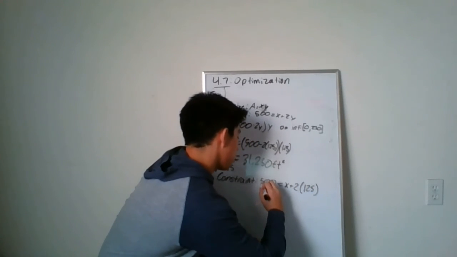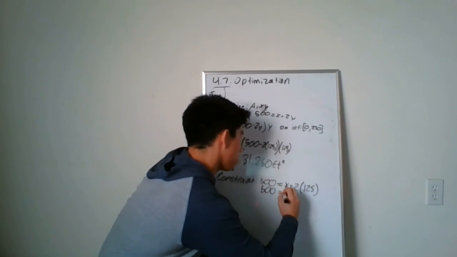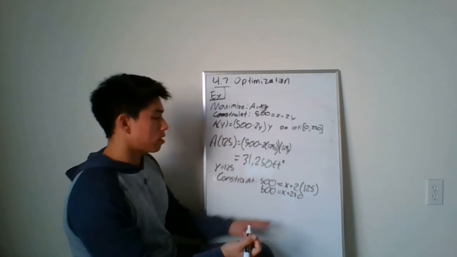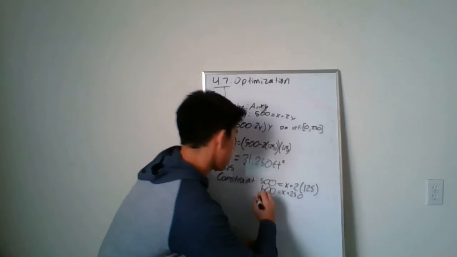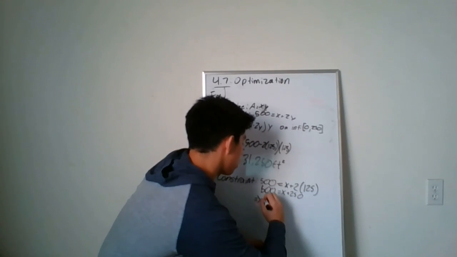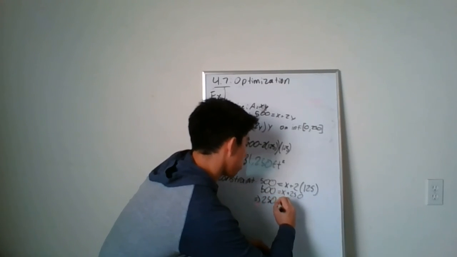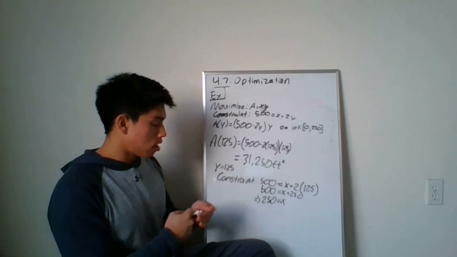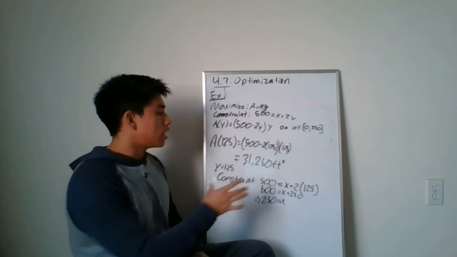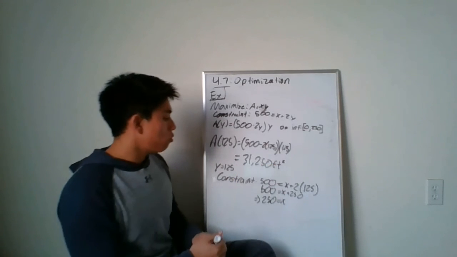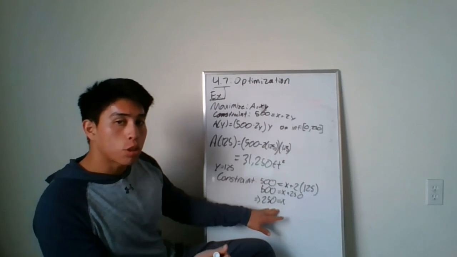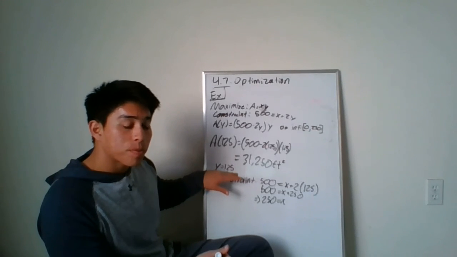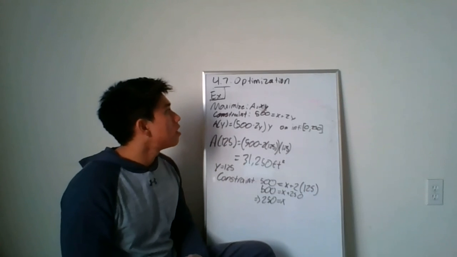That gives us 500 equals X plus 250, because 2 times 125 is 250, and then 250 equals X. And so what we can say is the dimensions that yield our largest area would be when X is equal to 250 and Y is equal to 125. And that's about it.